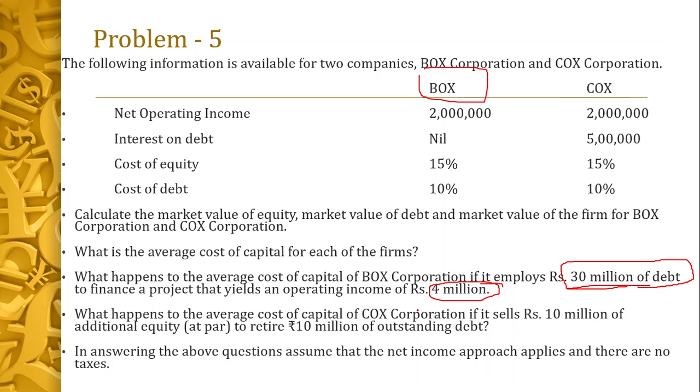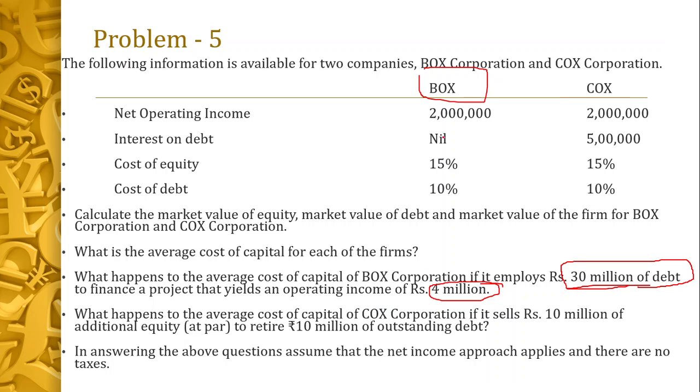Okay. So now let us consider only Box Corporation, so there is no confusion. We have already got net operating income to be 2 million. And because they have brought in debt, it will yield an operating income of 4 million.